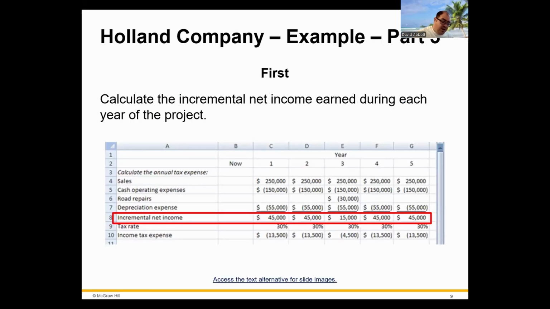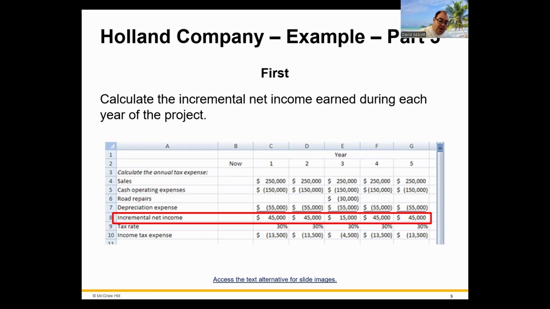The incremental net income computations include the annual sales, which is 250,000, the annual cash operating expense of 150,000, the road repairs that would be needed in year 3 of 30,000, and the annual depreciation expense of 55,000.